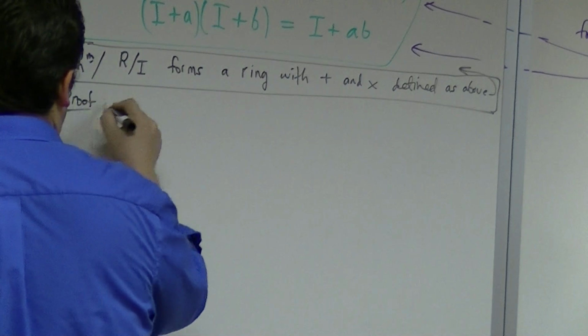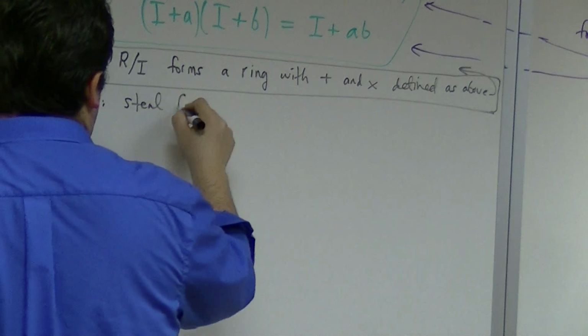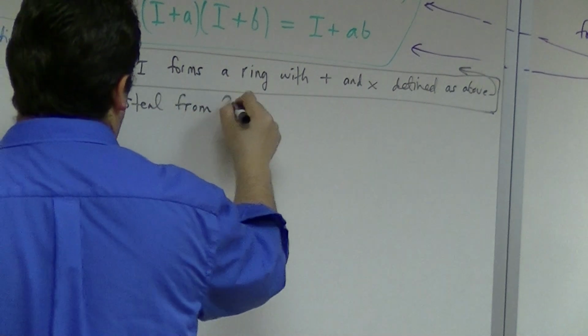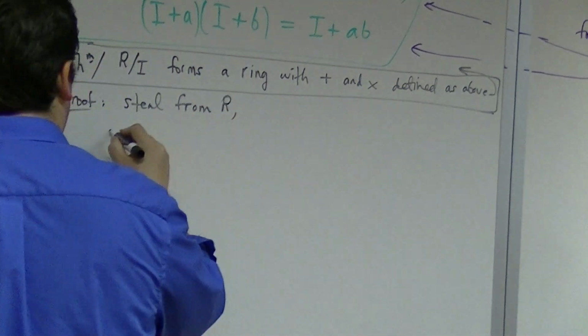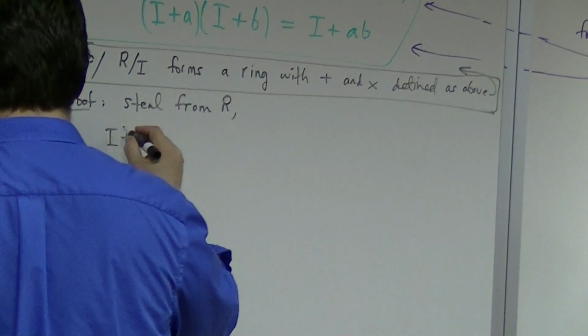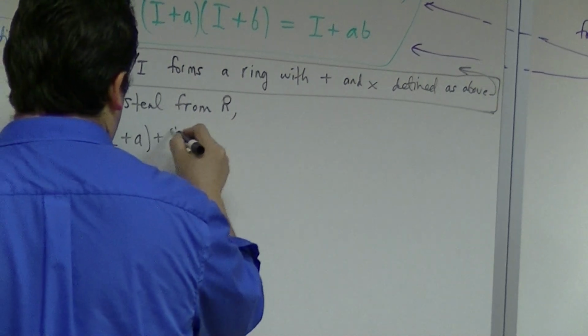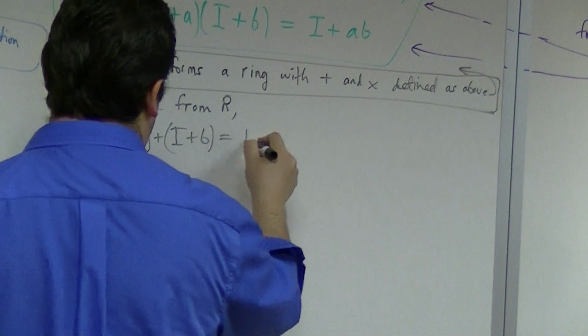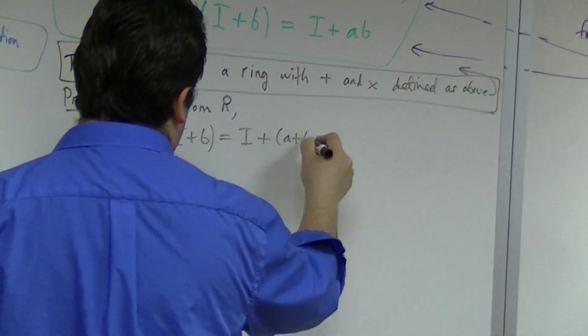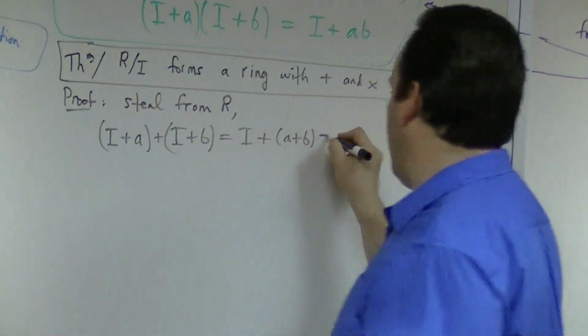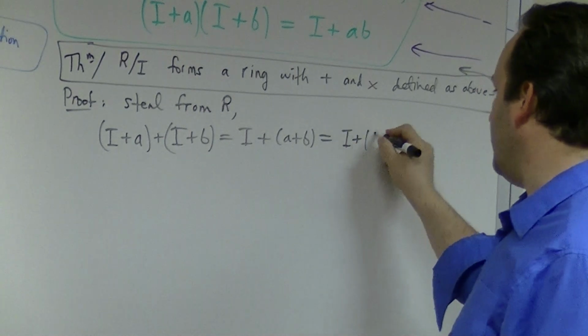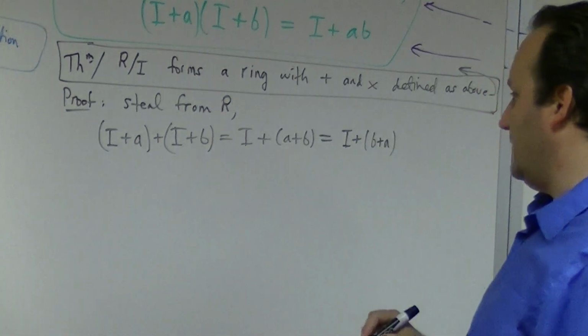Basically, the proof is just to steal from the ring itself, right? Steal from R. So, in particular, I know I plus A plus I plus B. What's that equal to? Well, that's equal to, by definition, I plus A plus B, right? But that is equal to I plus B plus A, right?